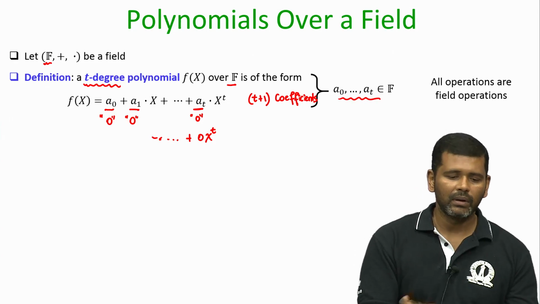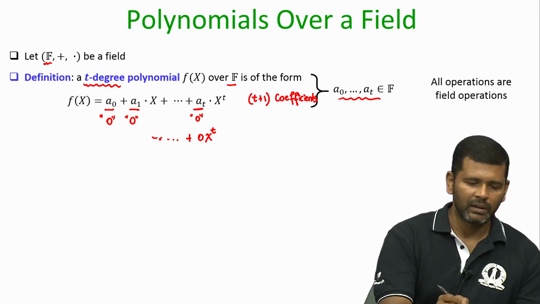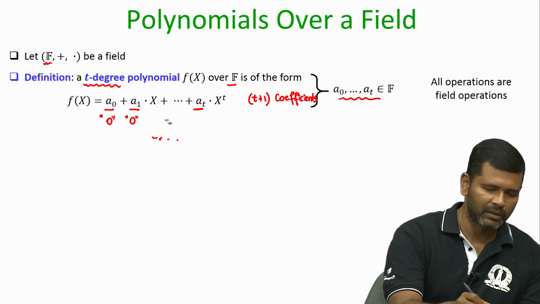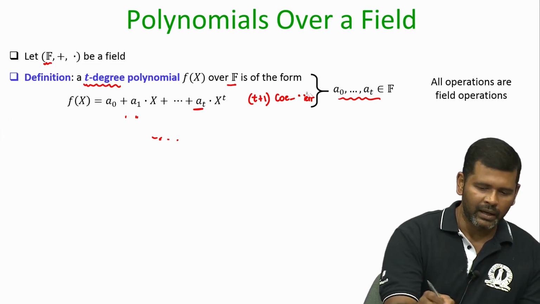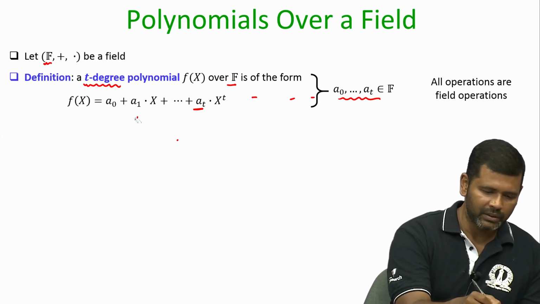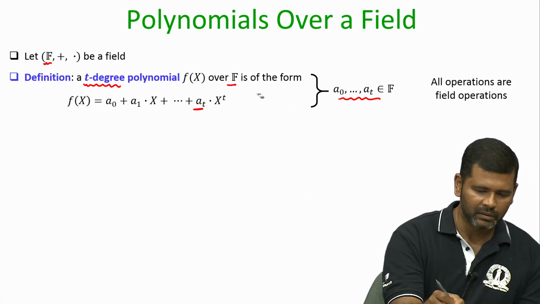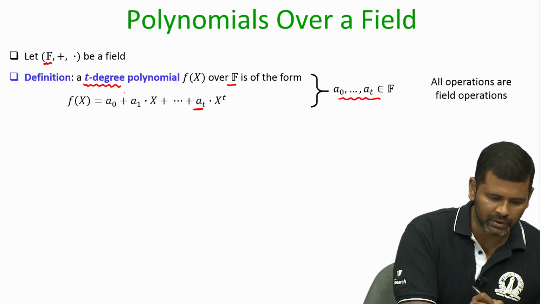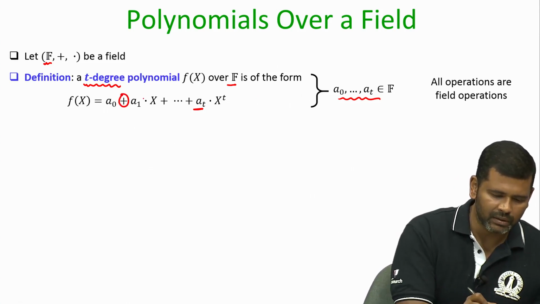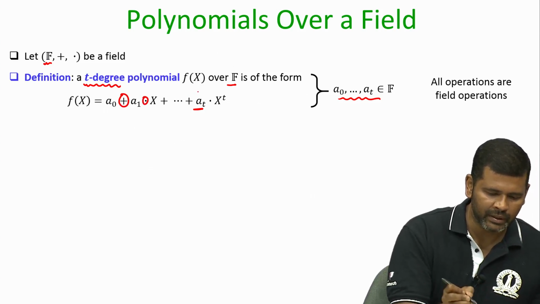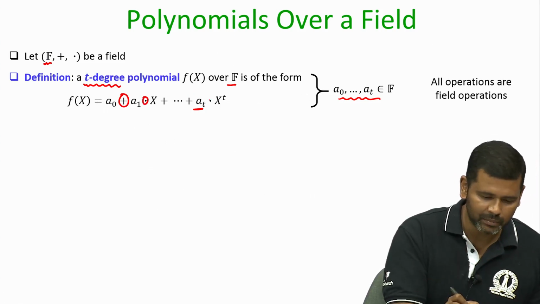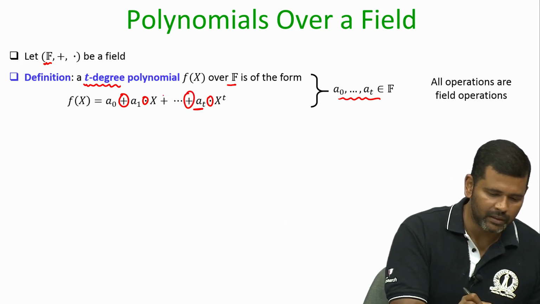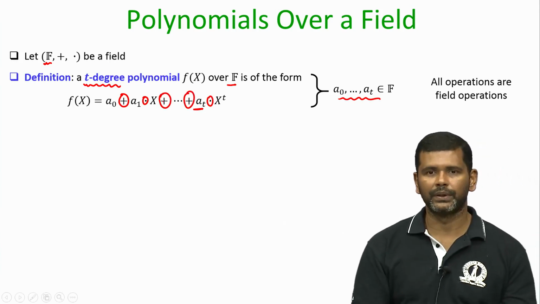All such polynomials will be called t degree polynomials. And here the plus and the dot operation in the definition of f of x are not the integer addition and integer multiplication, but rather the field plus and the field multiplication operation.